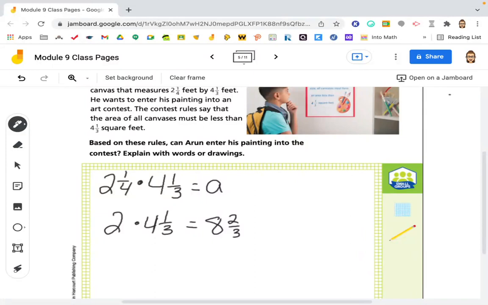We also know, based off of our lesson in the last module, that when we multiply by a factor greater than 1, our product is going to be greater than our other factor, so it's going to be greater than the 4 1/3. So no. Aaron cannot enter his painting.